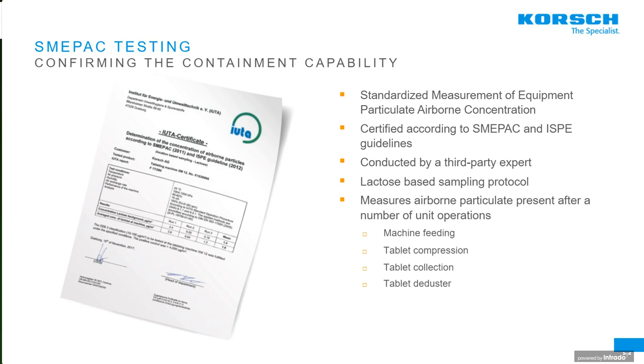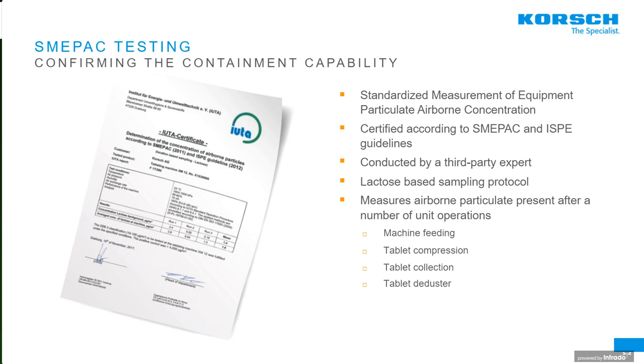In other words, if you buy a deduster metal check, they'll have a SMEPAC test for that unit in and of itself in a standalone. We have the same for the tablet presses. But when you consider a system now where you're matching press to peripheral, make-break connections, split butterfly, it's often a requirement to make a SMEPAC test on the entire system.